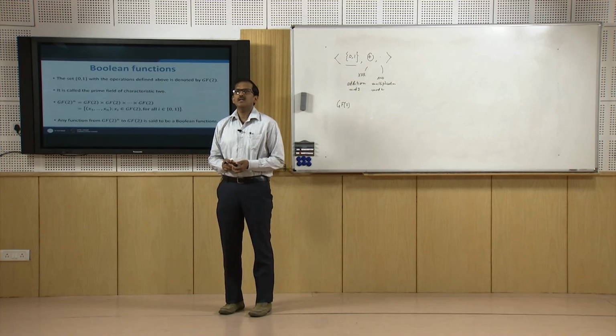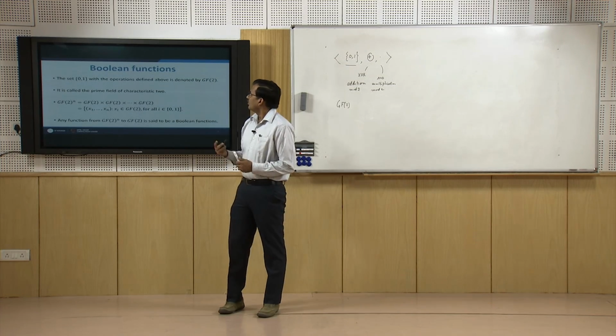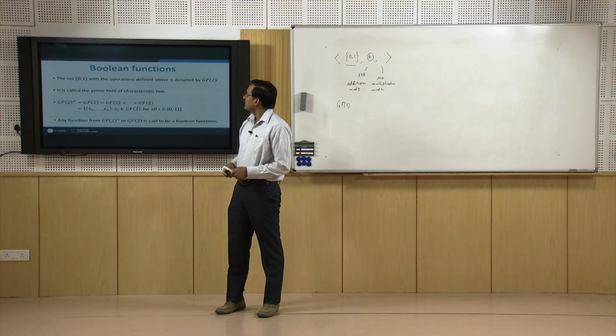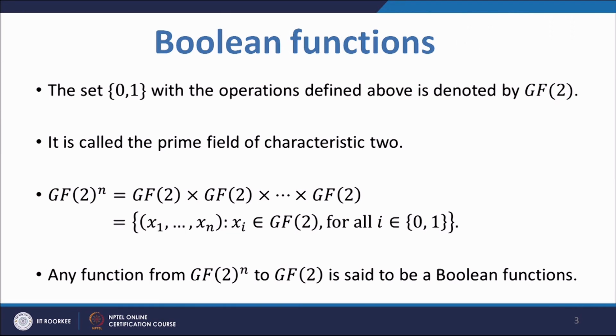We are not going into details about prime fields, why it is called a prime field and what extension fields are, but what we do now is take the Cartesian product of GF2 n times to obtain GF2 to the power n, which is essentially all binary sequences of length n.